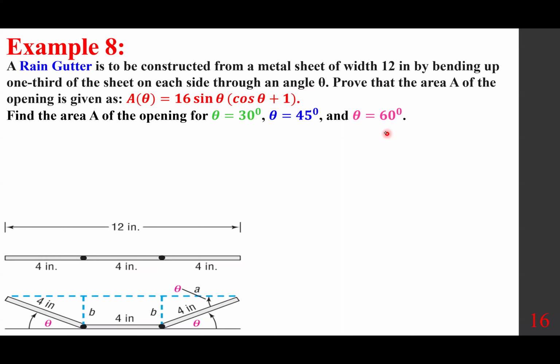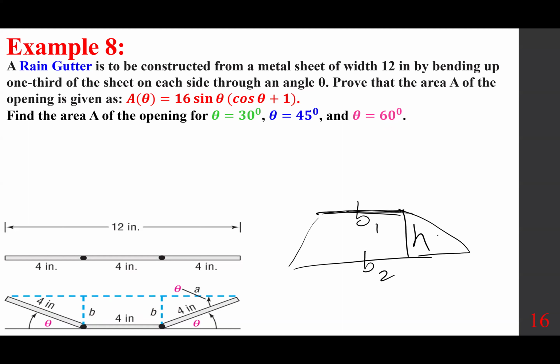We just plug in. Let's look at how we prove this, reminding everybody, if you look at this shape, it's a trapezoid. The area of a trapezoid has the formula 1/2 the height times B1 plus B2.